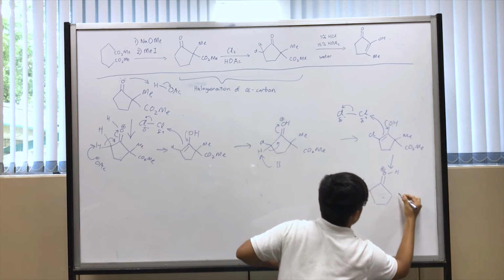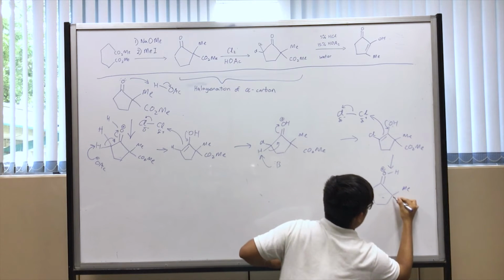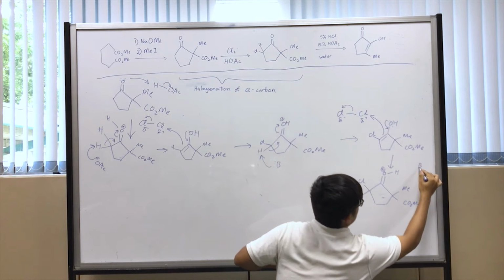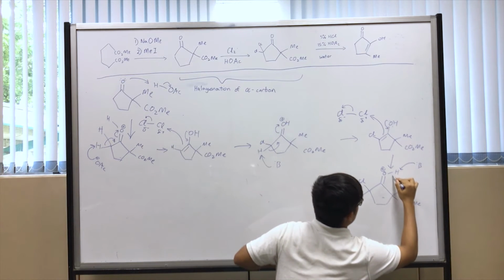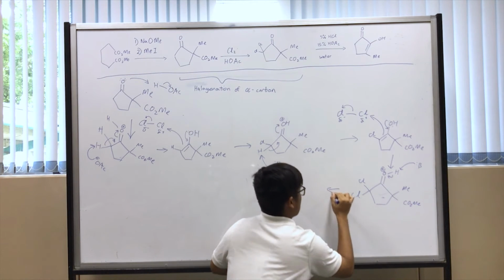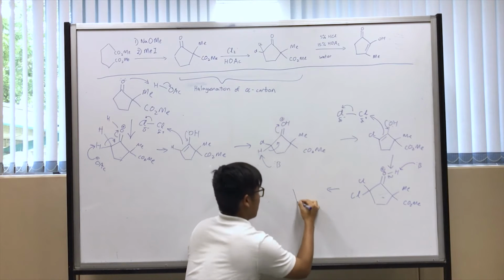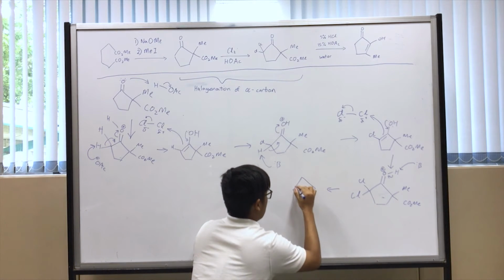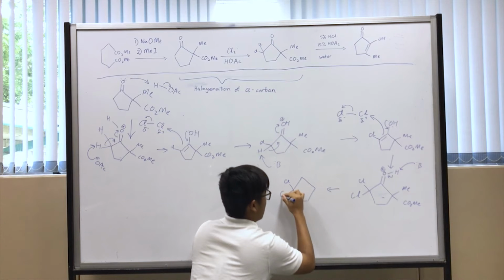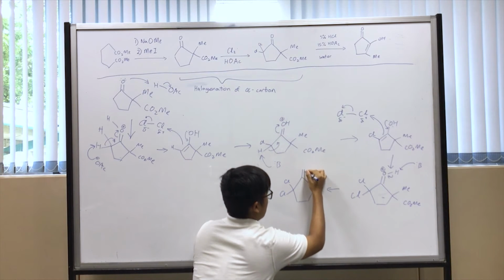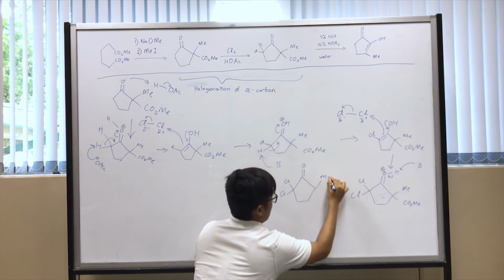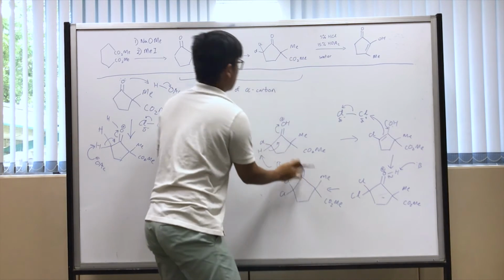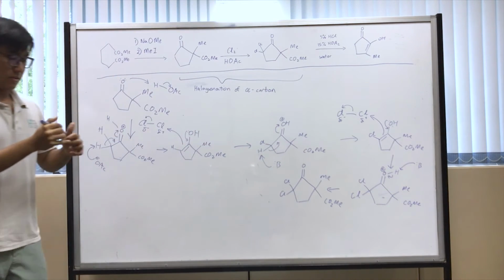Now you have the di-substituted alpha carbon, and of course the last step will be just to simply deprotonate this hydrogen, and we get our product. So this one is our product for the third step.